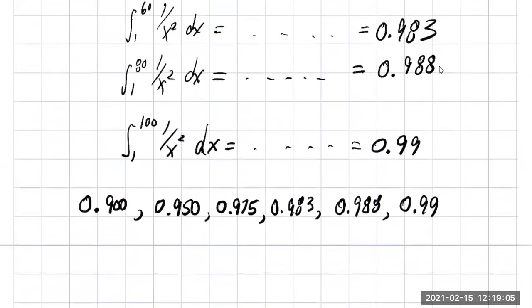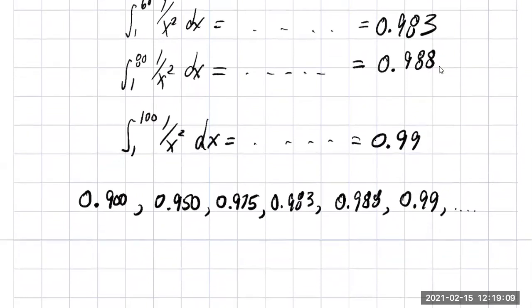Now we could keep going, right? We could very well keep going. What we've generated here is a sequence of numbers. Remember from our earlier days, like in pre-calculus, a sequence, simply put, gang, is just a list of numbers. But what do you notice about the numbers as we read them from left to right?